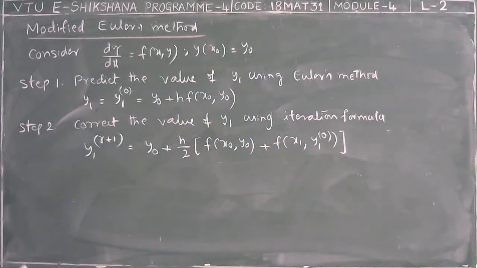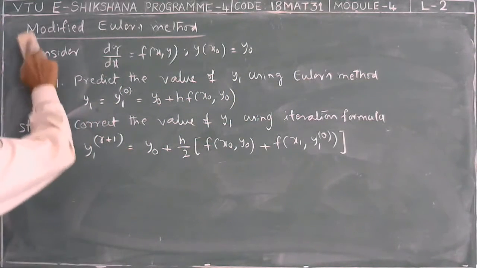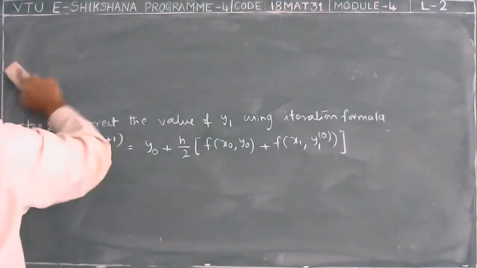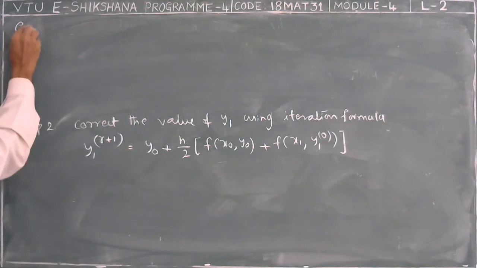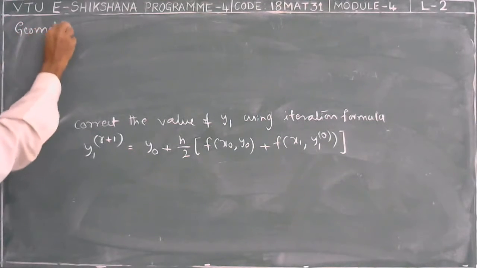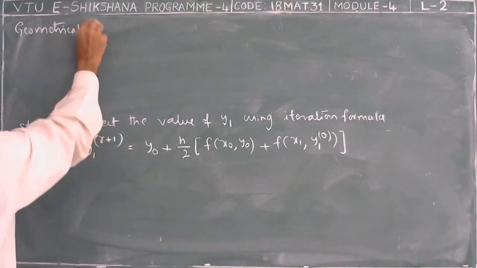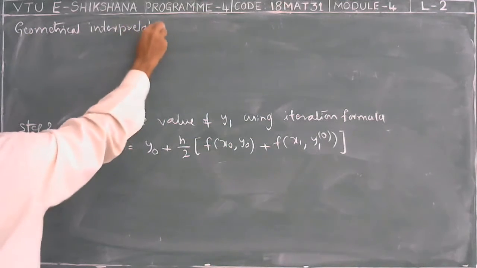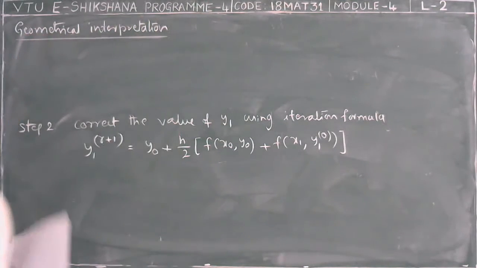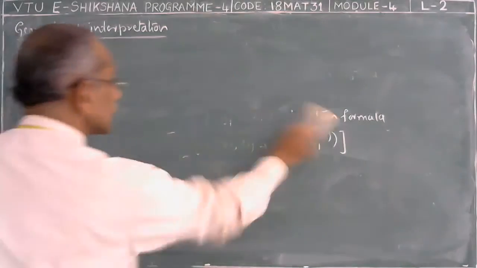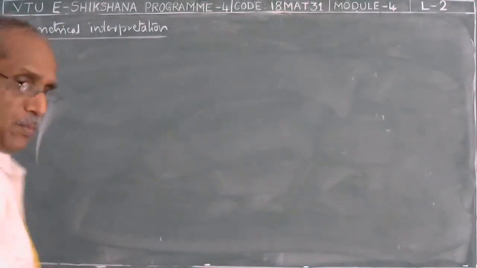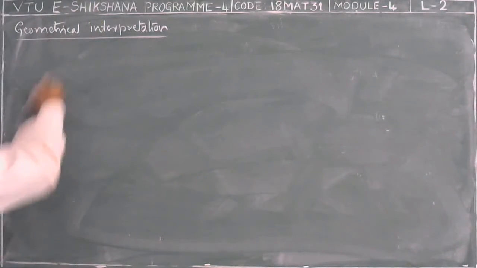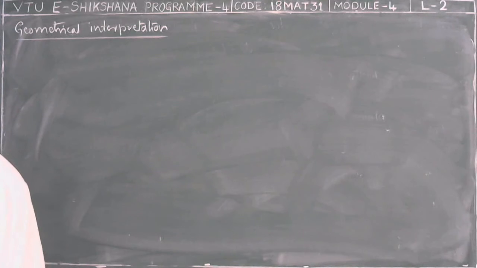So what is the geometrical representation of this? Let me write the geometrical representation of modified Euler's method. Geometrical interpretation. That makes it very simple. Again, you consider the xy plane.